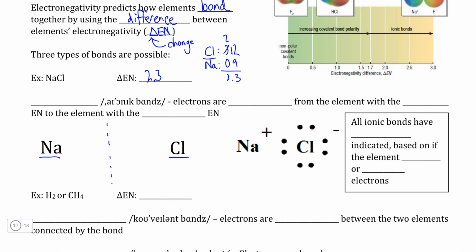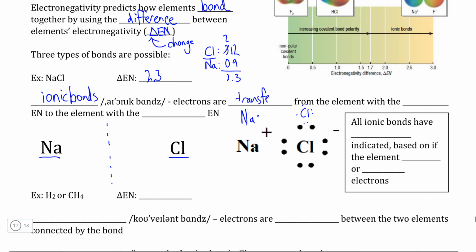Now from Science 10, you know that as a metal and a non-metal, sodium and chlorine are joined together by an ionic bond, as are pretty much every metal and non-metal combination. You should remember that because sodium only has one valence electron, while chlorine is one electron away from a full valence shell, the unpaired electron from sodium is transferred to chlorine.